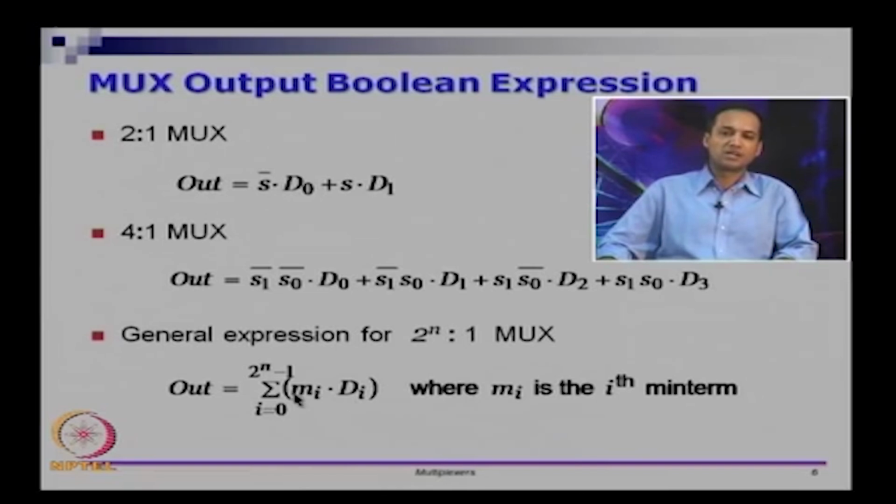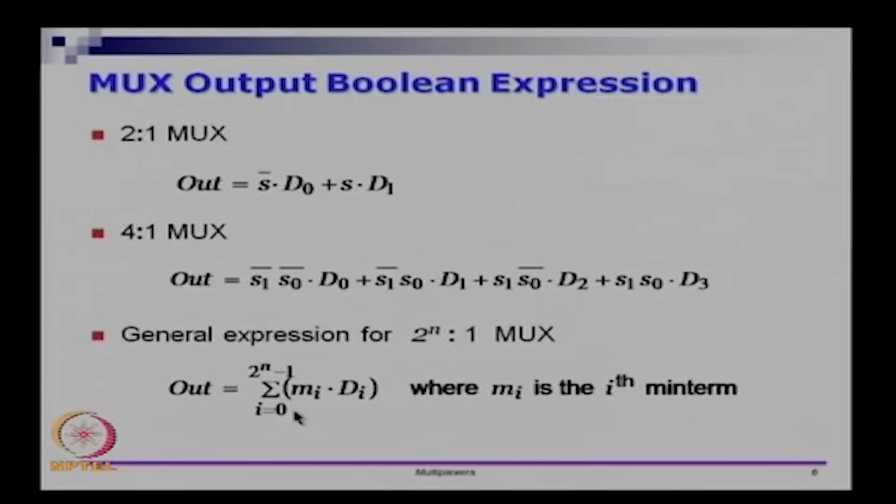You take the ith minterm and AND it with data input i, and you do it for all the 2 power n combinations. You put a single OR gate with 2 power n inputs, and that will give you the output. This is the general expression for a mux. So go and think about what the expression for a 3 to 1 mux is, for instance. Write it down and check whether it is correct or not.